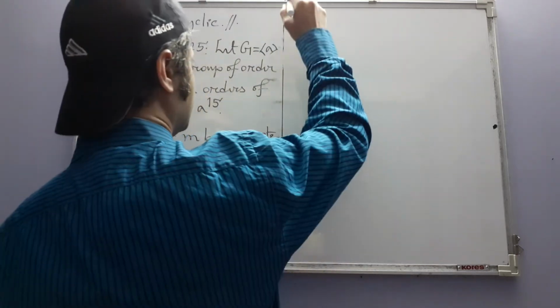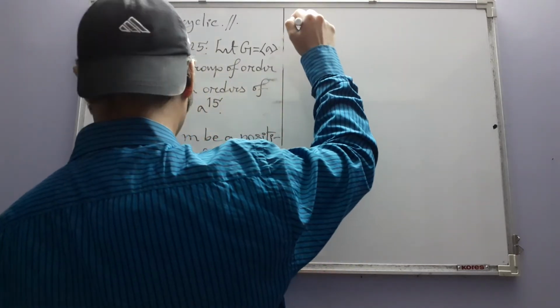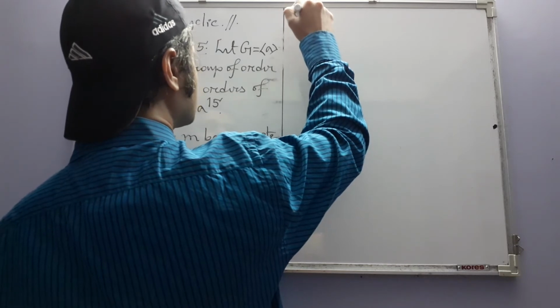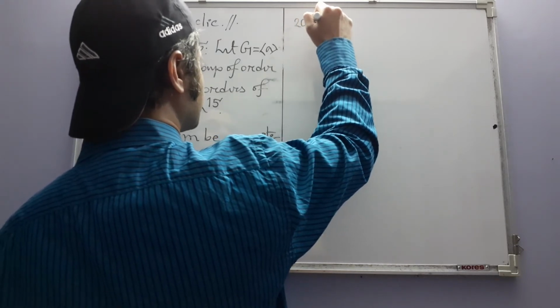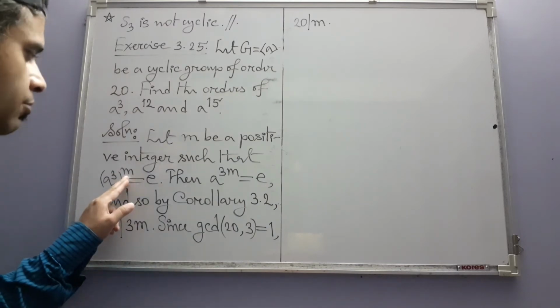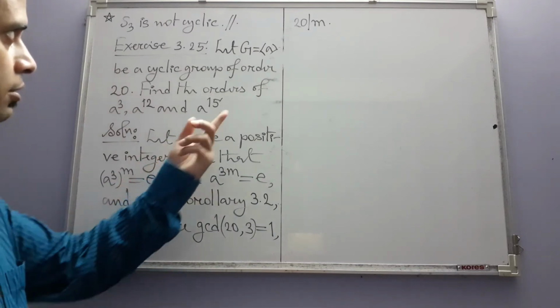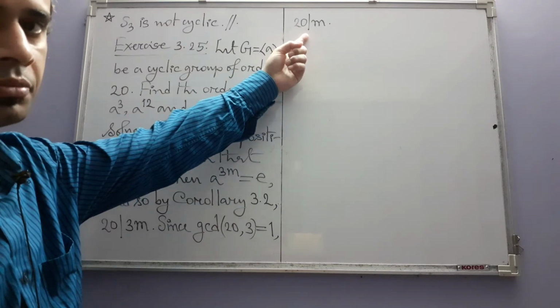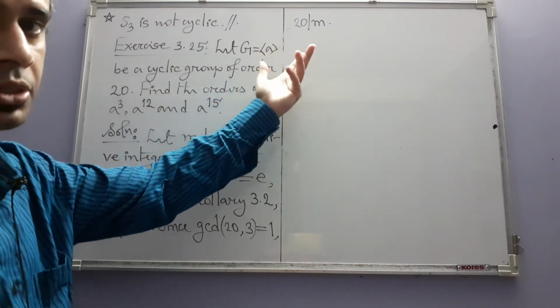This is equal to 1. 20 has to divide m. So what is the smallest value of m for which this thing is true? Clearly 20, smallest positive value.